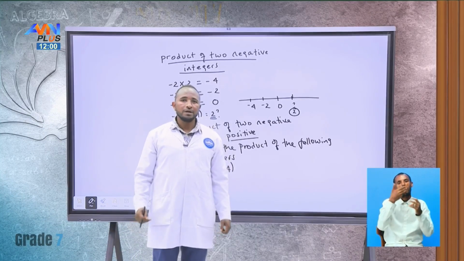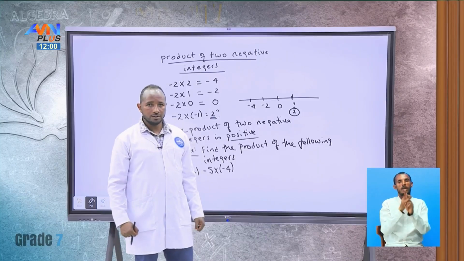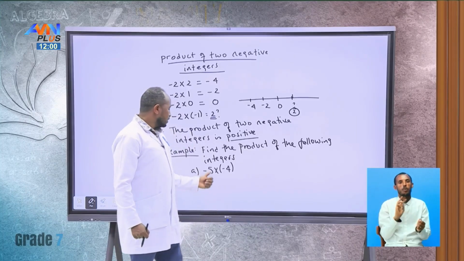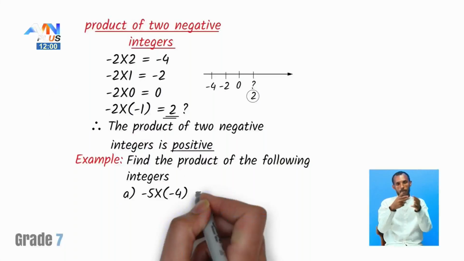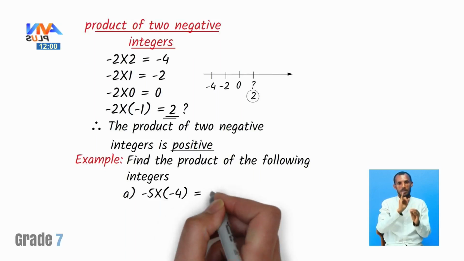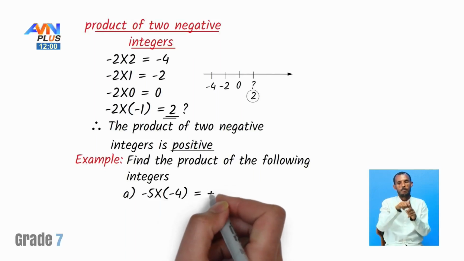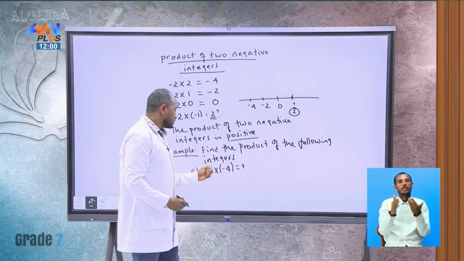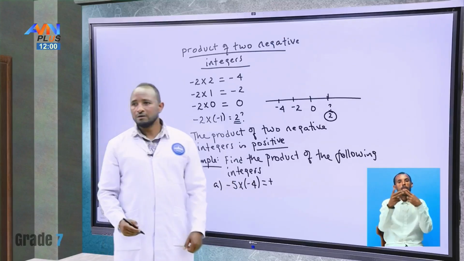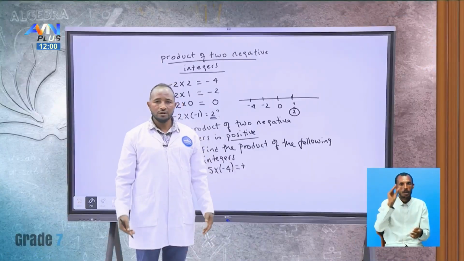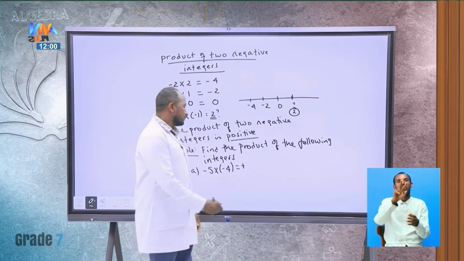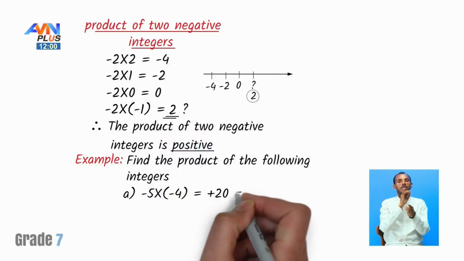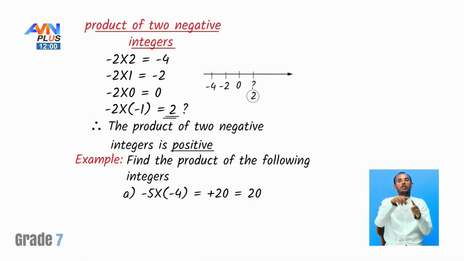Very nice. Let's see the answer together. As we said, when you multiply two negative integers, the answer is positive, and just simply multiply 5 and 4. 5 times 4 is 20. Therefore, the answer will be +20, or simply we write 20.